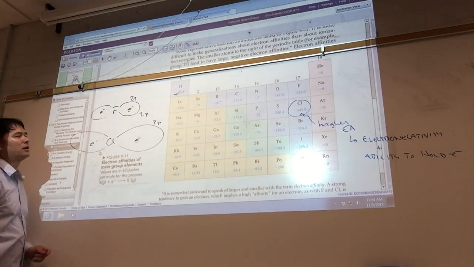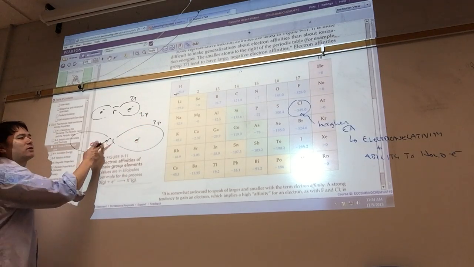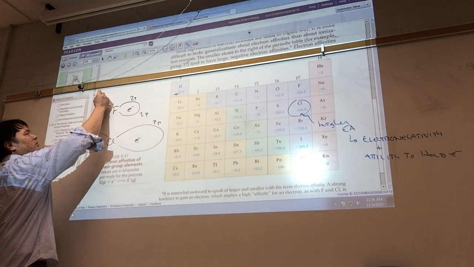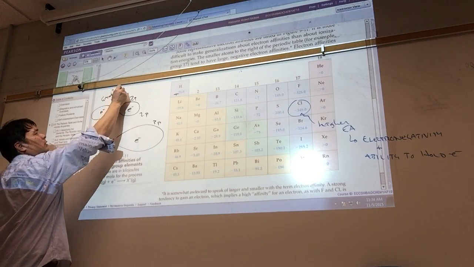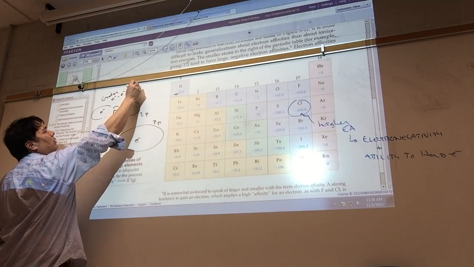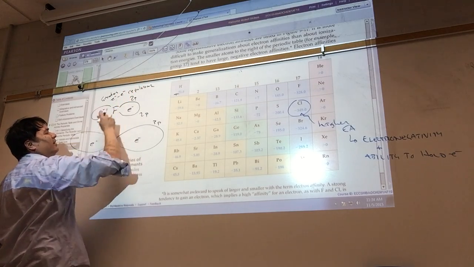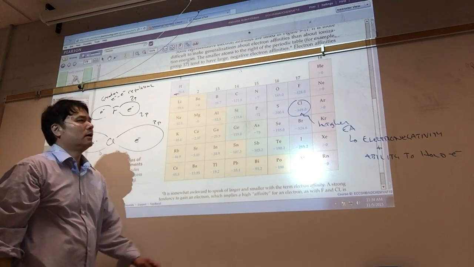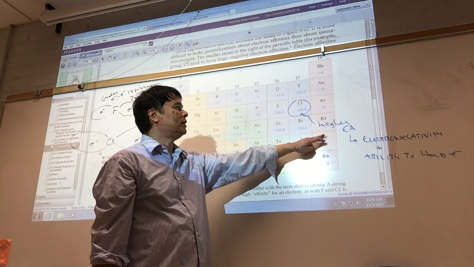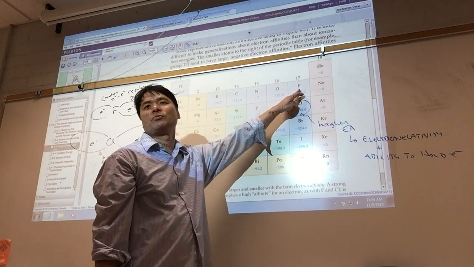It can much more easily accommodate that because there are fewer electron-electron repulsions. The electron-electron repulsions are greater in fluorine than in chlorine. And so yes, chlorine has a higher electron affinity, but fluorine's still going to be the most powerful oxidizer.